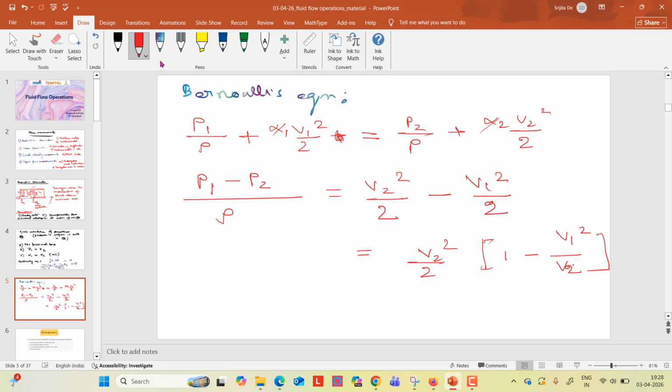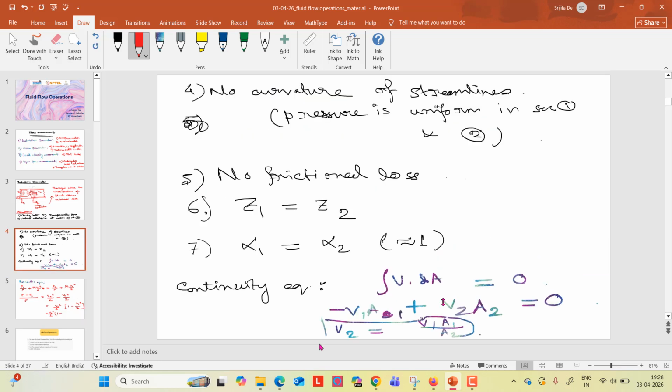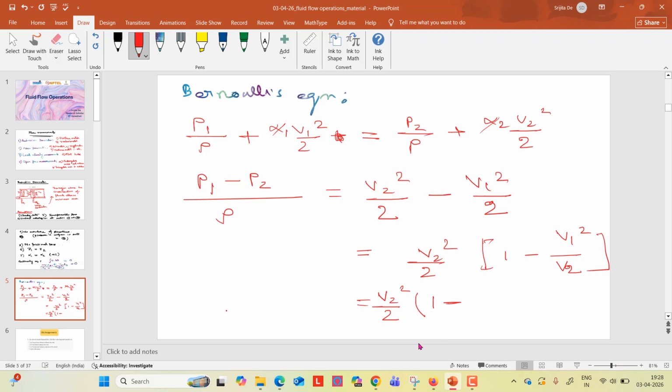This can be written as V2 square by 2 into 1 minus the ratio. From this ratio, we can write that V1 by V2 equals A2 by A1, right? So it will come as 1 minus A2 by A1 whole square.